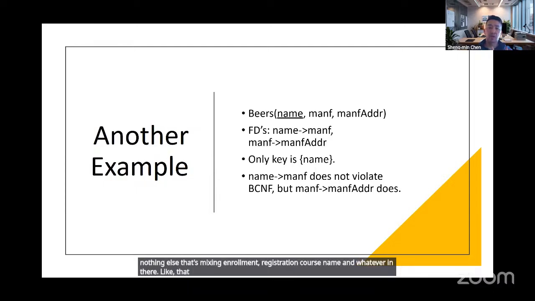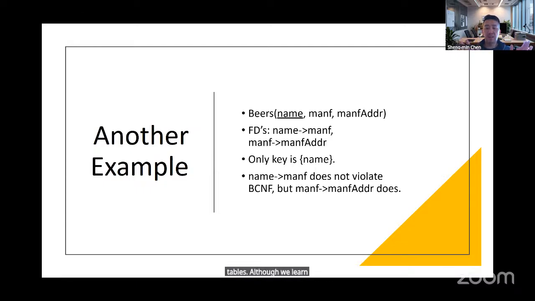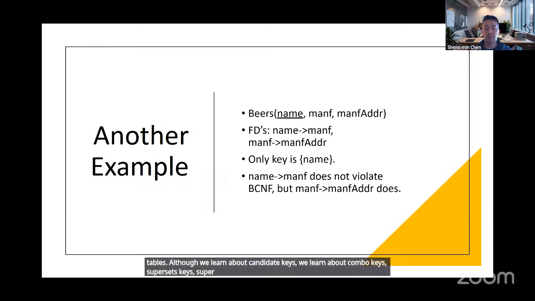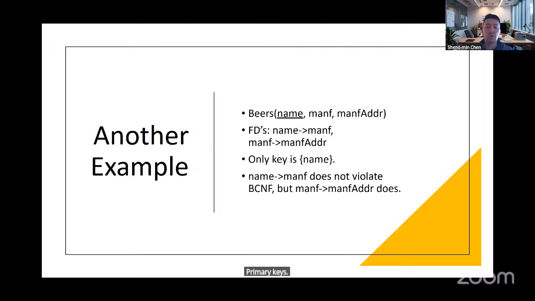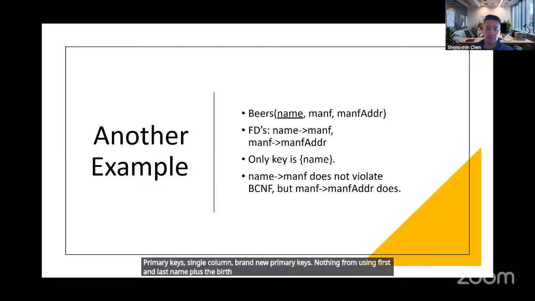Like that's number one. Number two is when you create tables. Although we learned about candidate keys, combo keys, and super keys, it turns out that starting from second normal form, the key is always brand new primary keys, single column. Nothing like using first and last name plus the birthday as combo keys.